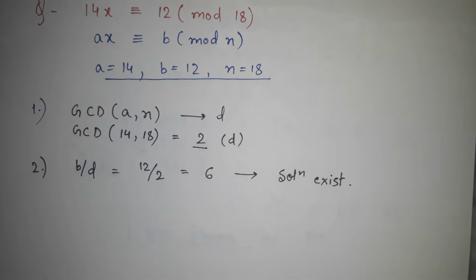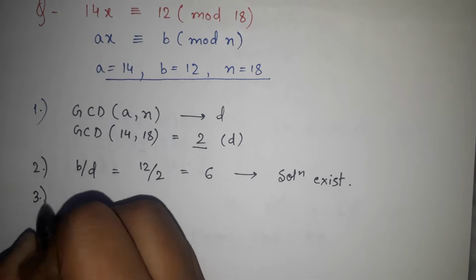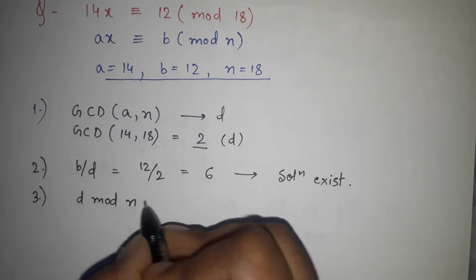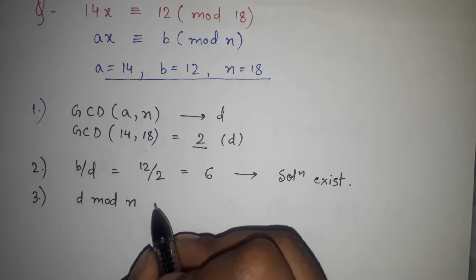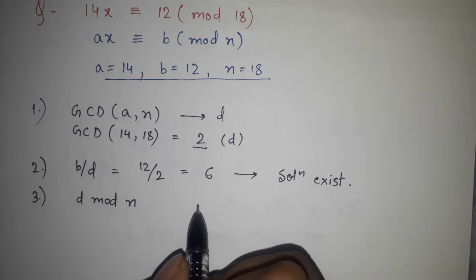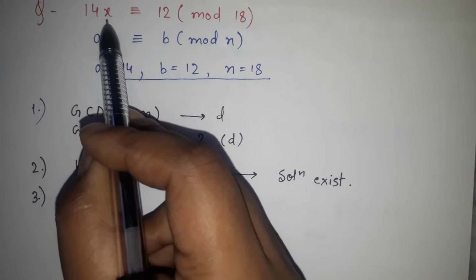Now, how many solutions exist? For that we have the third step. The formula is d mod n. Whatever answer we get, that many solutions are possible, meaning that many values of x we can find.